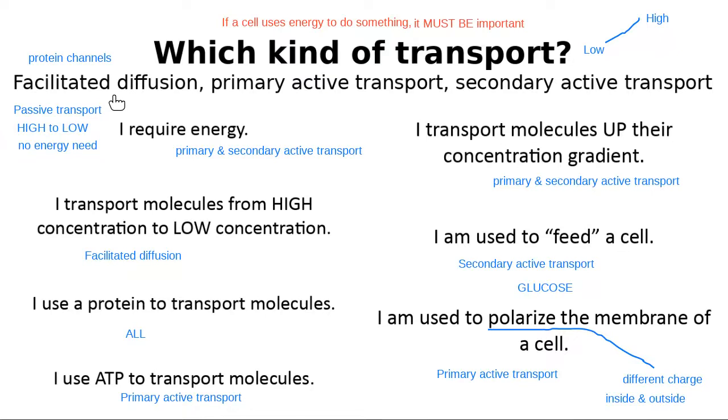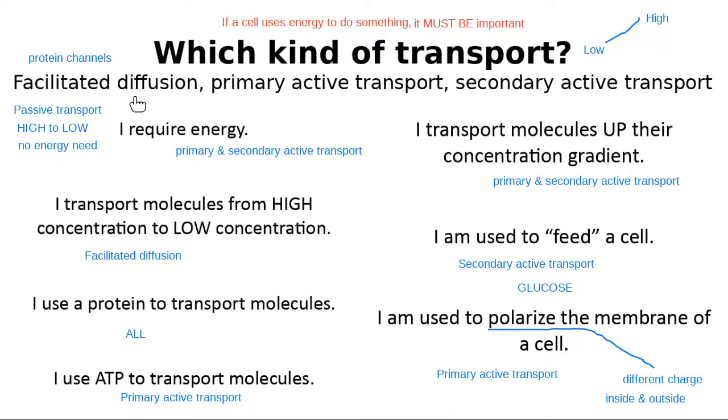Okay, and then what do we use to repolarize the membrane again? Any thoughts? How do we repolarize the membrane? Yeah, Rima's right. It's exactly the same. We're going to use those voltage-gated potassium channels, which are still channel proteins, which means we're still doing facilitated diffusion.